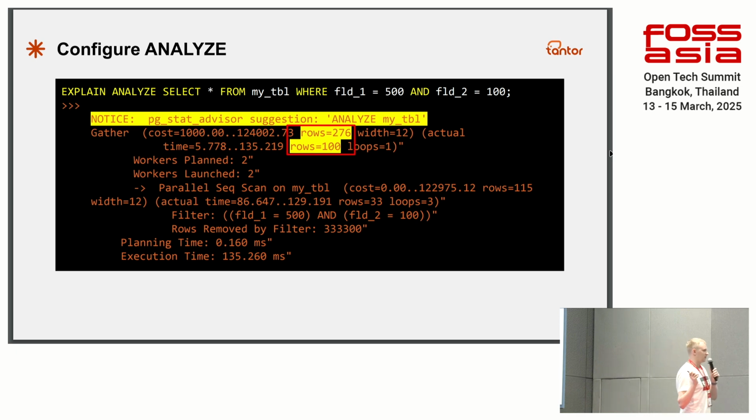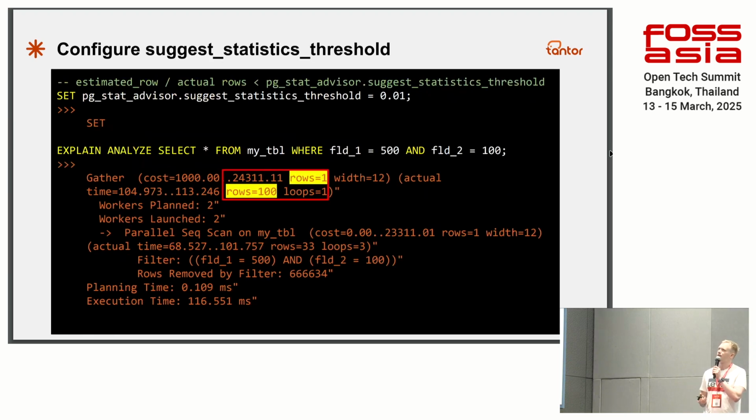In this example, analyze was never run. As you can see, it displays the information that the analyze command was never executed. So, okay, we run this command, and what are the next steps? We run analyze, and then we set the second GUC parameter, this threshold.